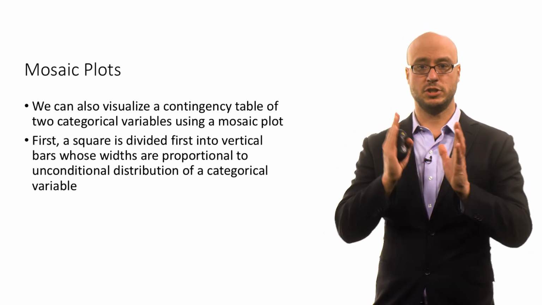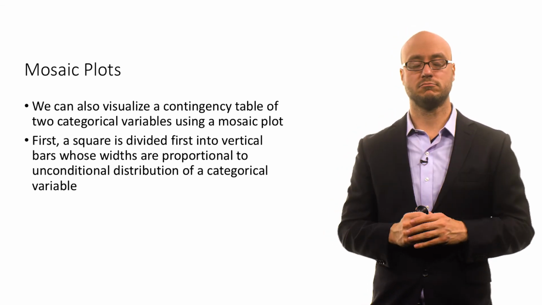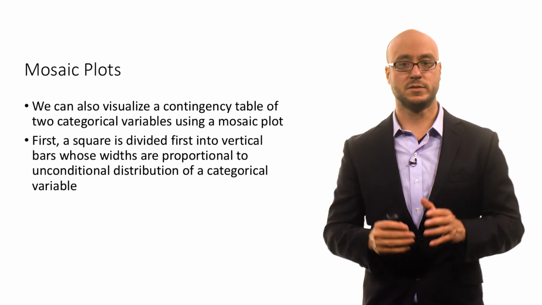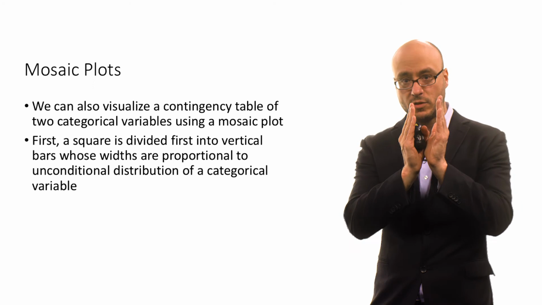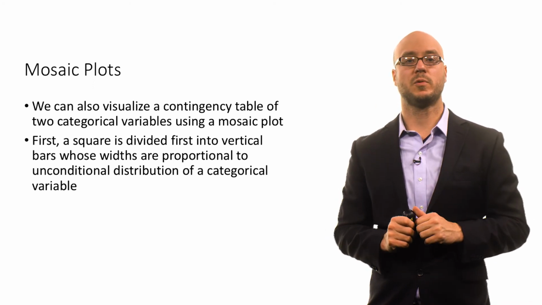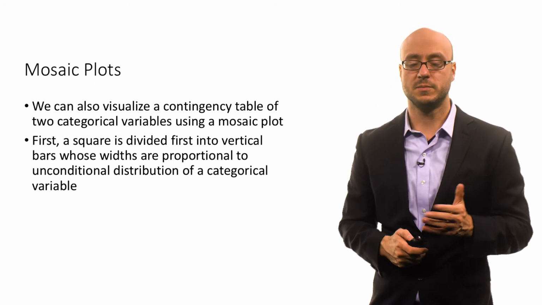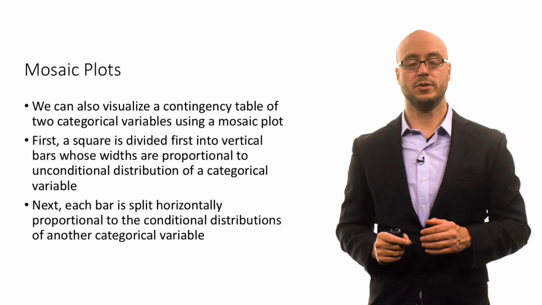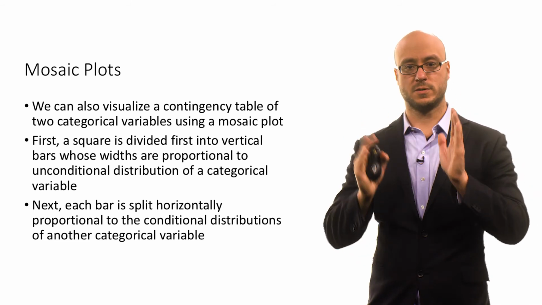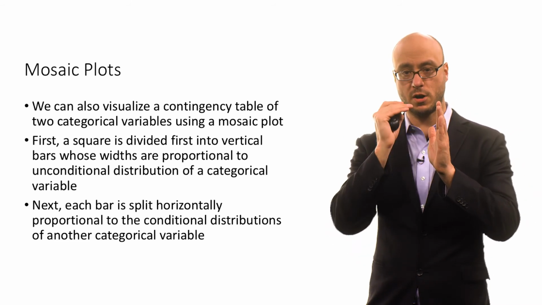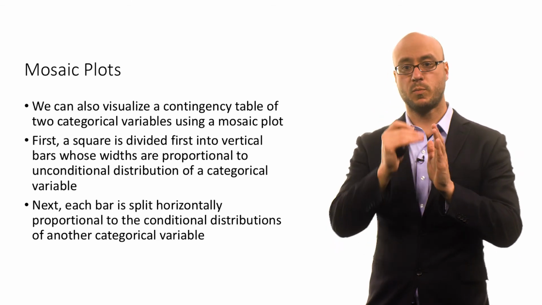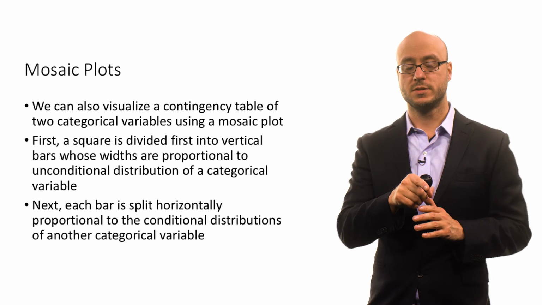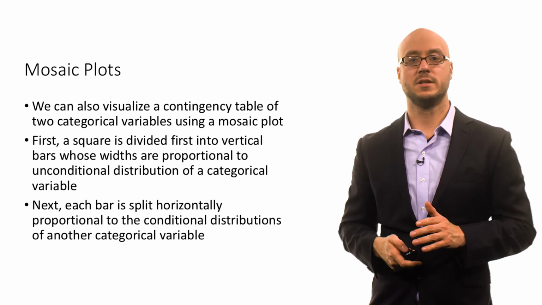But if you have more than two levels, say 5 levels, then you divide that block into 5 different vertical bars, and the width of each bar is proportional to the unconditional distribution of that categorical variable. Then, after you have these vertical bars, you split each vertical bar horizontally, proportional to the conditional distributions within each of those levels.